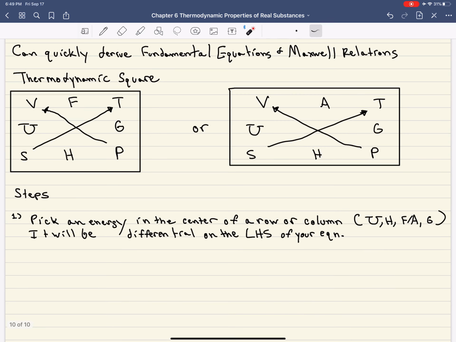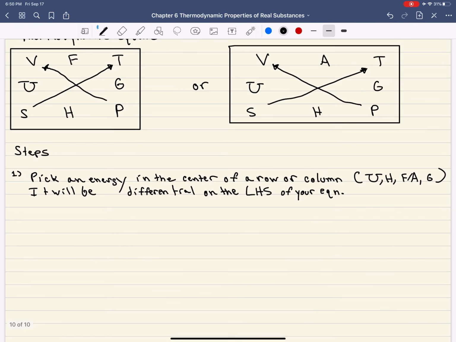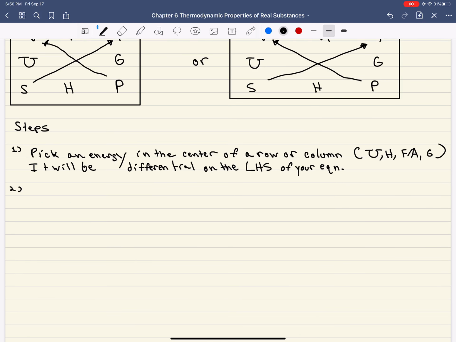So we're picking U. That'll be dU on the left-hand side. Actually, let me just write out all the steps first and then show you the example. Step 2: the two letters on each side of the energy will be the canonical variables.